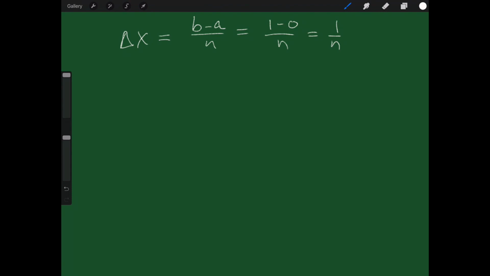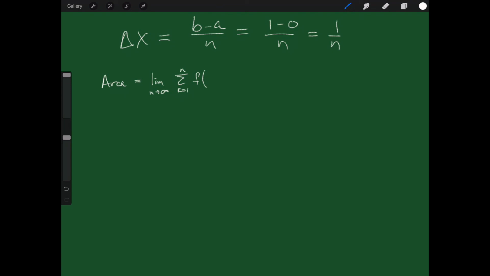Then I should go back to my equation. The way that I'm going to find area is I'm going to find the limit as n goes to infinity of the sum, k going from 1 to n, of f of a plus k delta x. Remember, that was the formula.